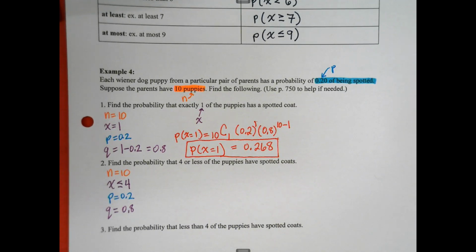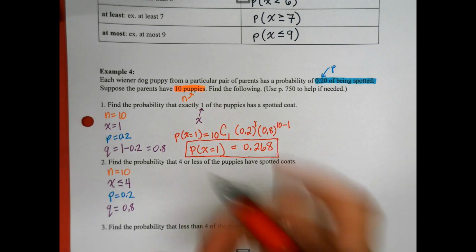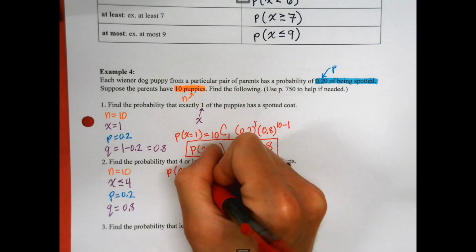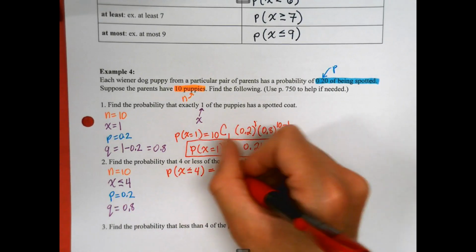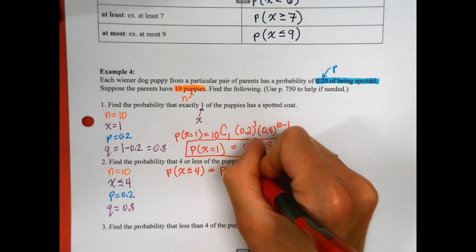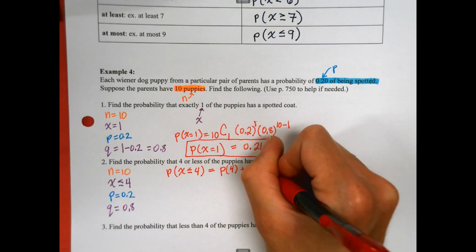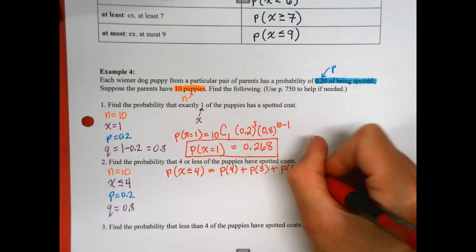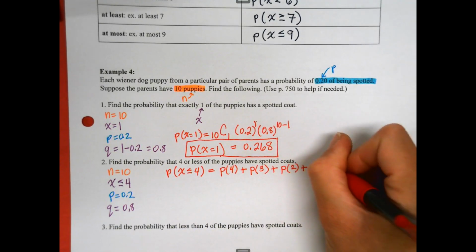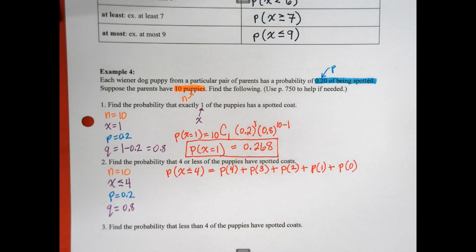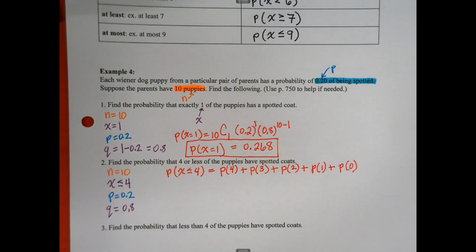Now, in order to find the probability that x is less than or equal to 4, we have to find the probability that we have 4 spotted puppies, plus the probability that we have 3 spotted, plus the probability that we have 2, plus the probability that we have 1 spotted, plus the probability that we have 0 spotted puppies.